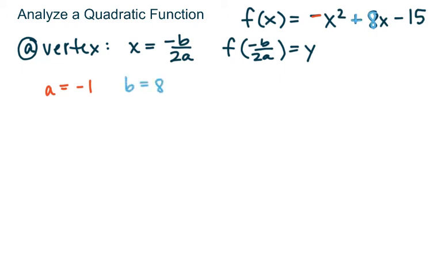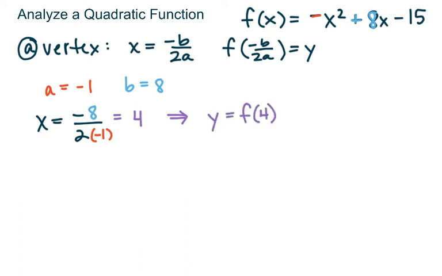So the x value of my vertex: x equals negative 8 divided by 2 times negative 1. That gives me an output of positive 4. Negative 8 over negative 2 is 4. Now we'll find the y value by taking that 4 and plugging it into the function.